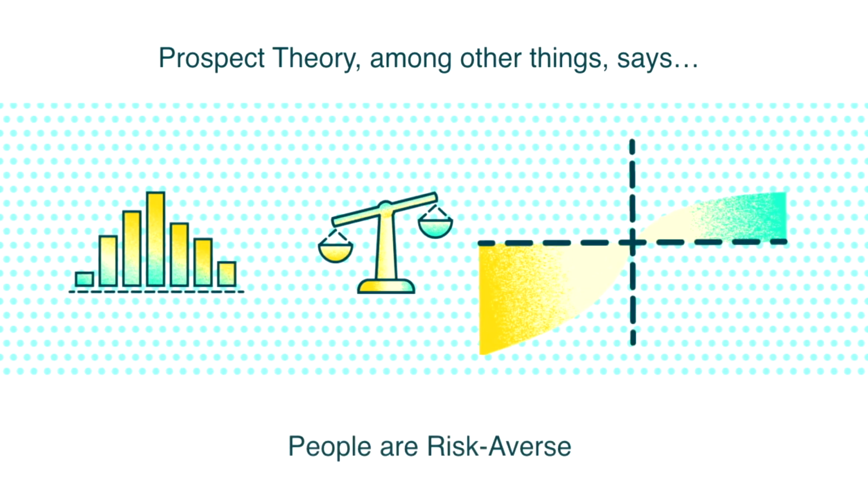And then this is called an S-curve, but people are risk averse, and it's a visual display of what the researchers found. If you look at it, the vertical line is supposed to represent gain or loss, and the horizontal is pain and pleasure. People experience more pain from a loss than they do pleasure from an equal gain.